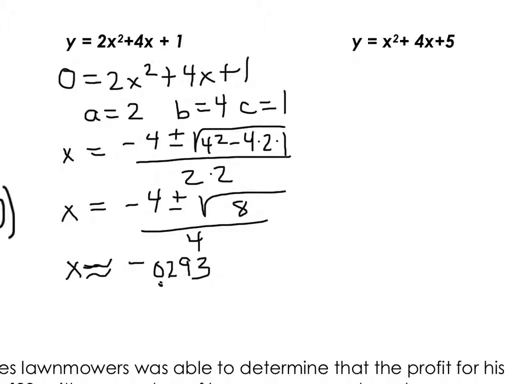-0.293. Suppose we take -4 minus the square root of 8, and divide that by 4. -1.707.